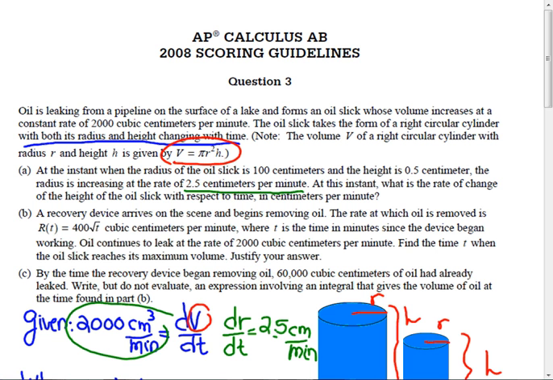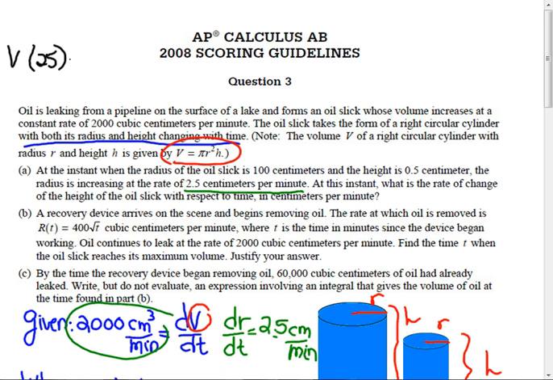And it says, by the time the recovery device began removing oil, 60,000 cubic centimeters of oil had already leaked. Right, but do not evaluate an expression involving an integral that gives the volume of the oil at 25. They want the maximum volume. So how do you find the volume? You want V of 25. How are you going to do that?